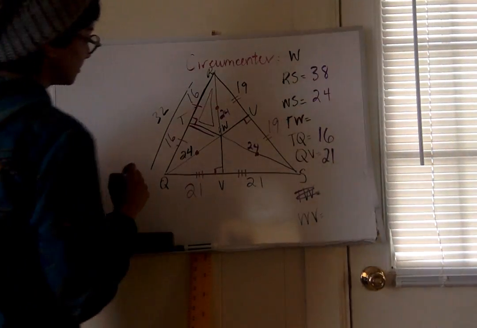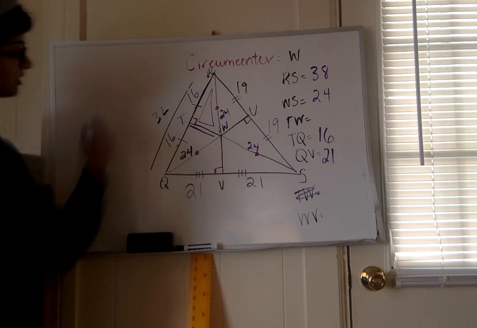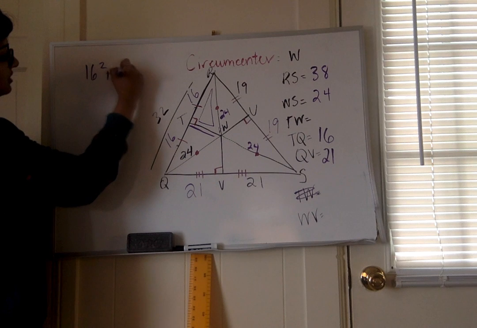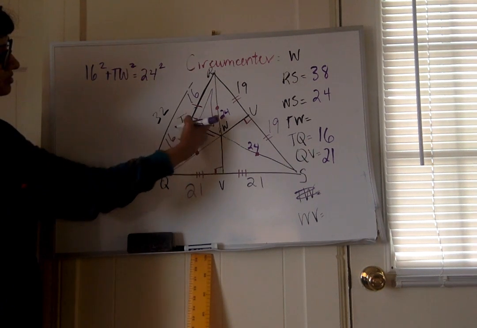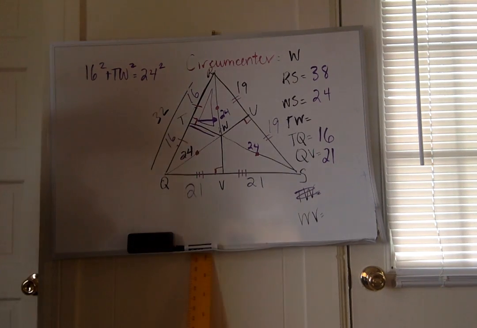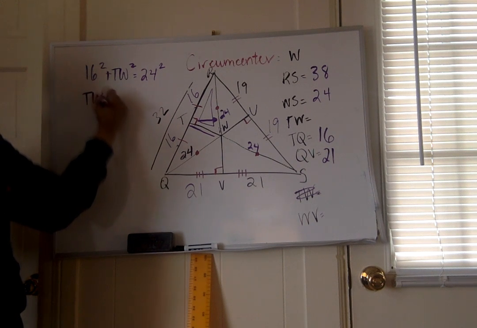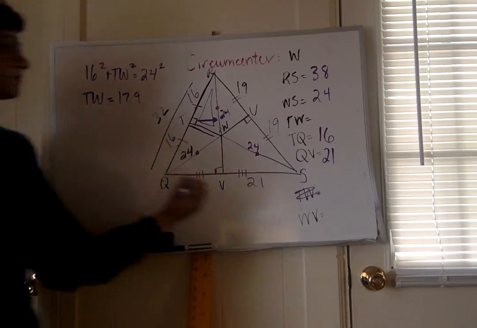Of course, when we're looking for the third side of a right triangle, we will use the Pythagorean theorem. 16 squared plus TW squared equals 24 squared. Hypotenuse is across from my right angle, as you can see. So, if I do all my work, I get TW is 17.9.